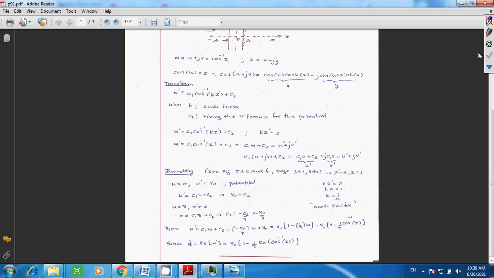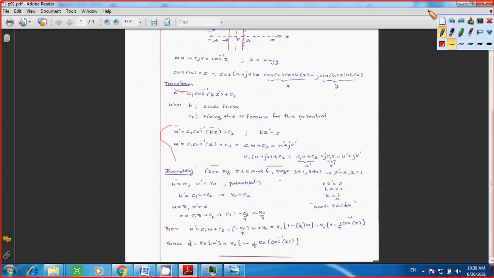Now let's do the problem by applying the boundary condition. You have to look back at figure 7.6e and f, pages 341 and 342.